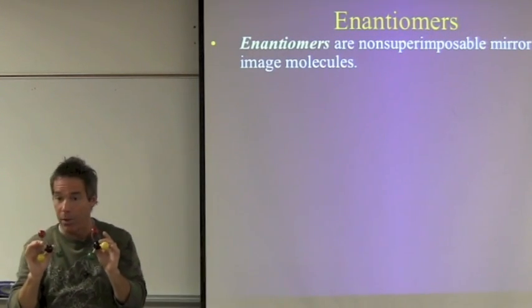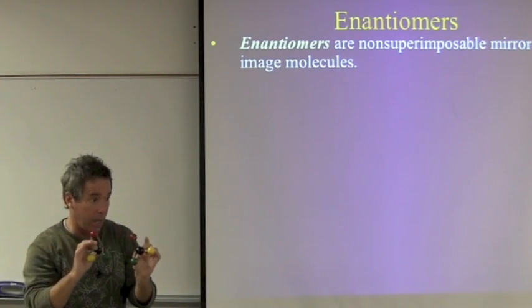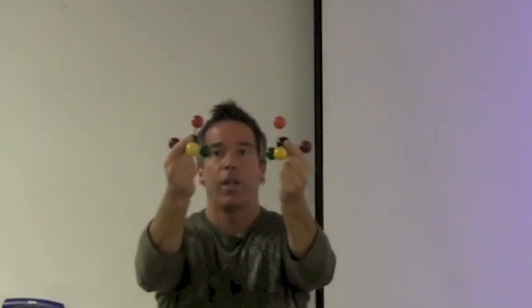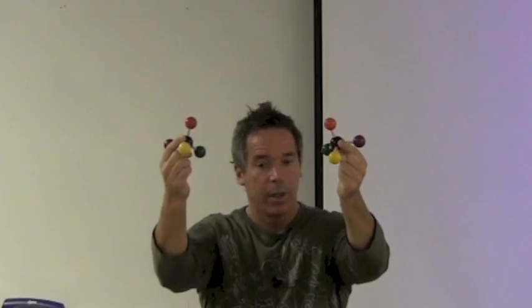However, let's look at what happens when we have 4 groups attached to a carbon. Here is a model of a molecule, carbon in the middle. I'm holding the carbon with 4 different groups attached: orange, yellow, green, purple. This could be hydrogen, methyl, ethyl, propyl, just 4 different groups.